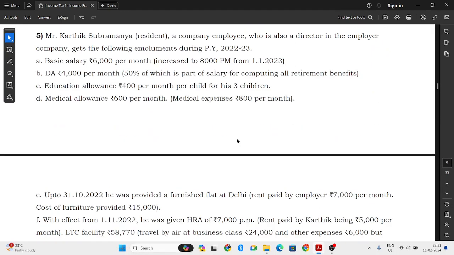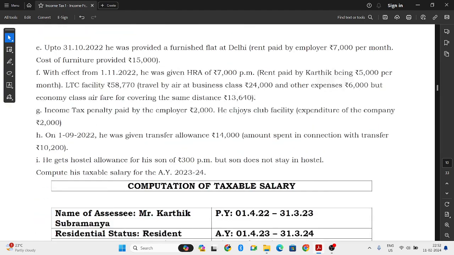Next, child education allowance, 400 per month per child for his 3 children. So the company was giving 400 rupees as education allowance for 3 children. But according to income tax law, only for 2 children, 100 rupees per child will be given as education allowance.